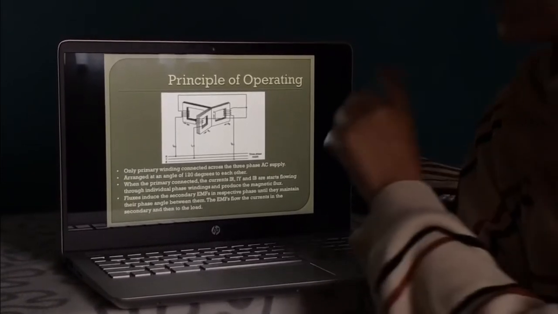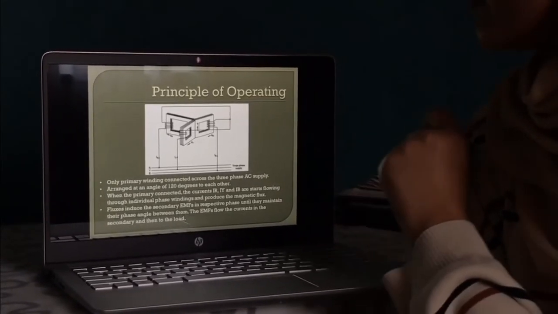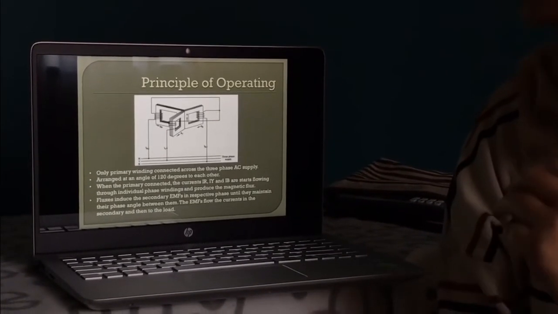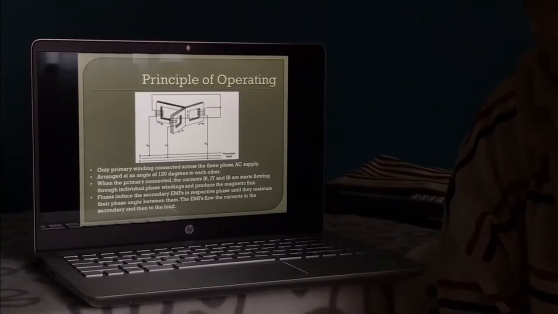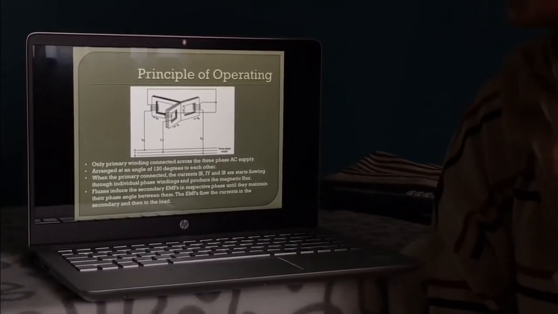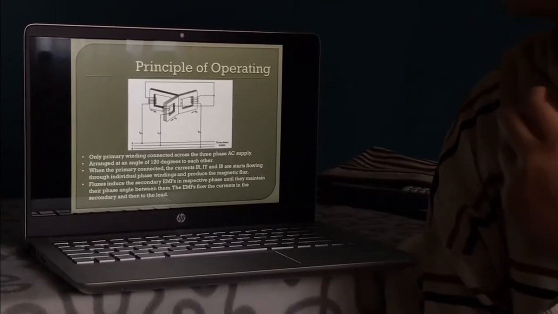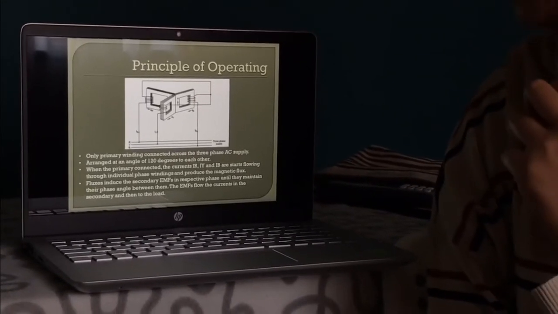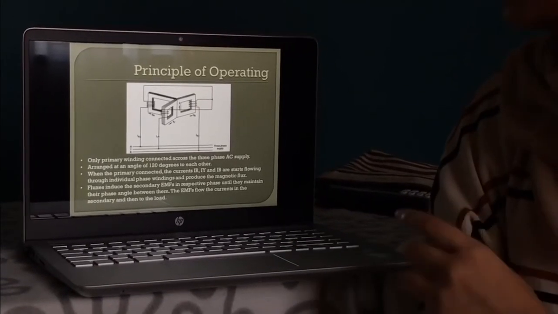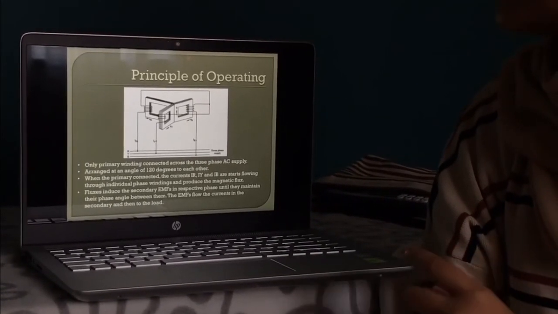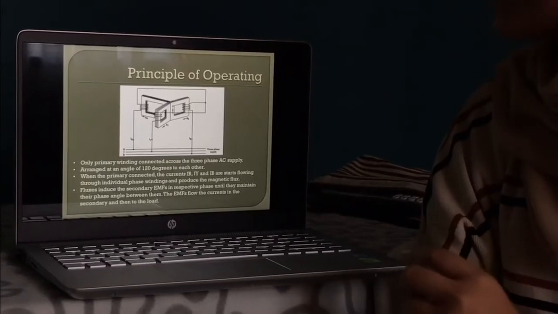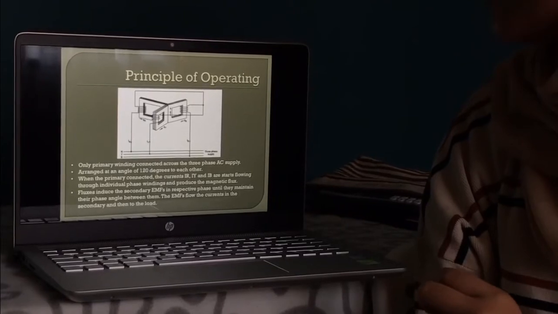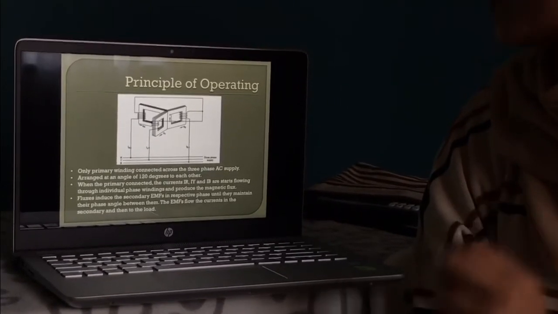When the primary is connected, the current starts flowing through the phase windings and produces magnetic flux. The fluxes induce the secondary EMF in the respective phases, maintaining their phase angle between them. The EMF drives the current in the secondary and then to the load.